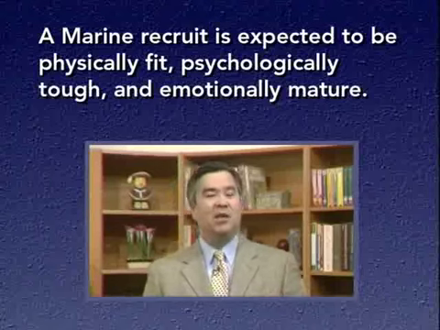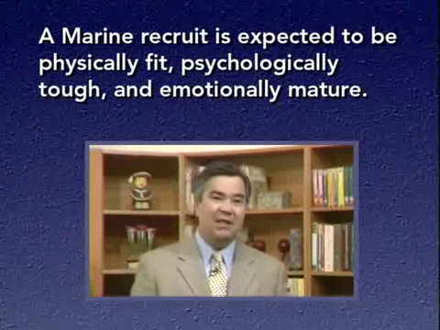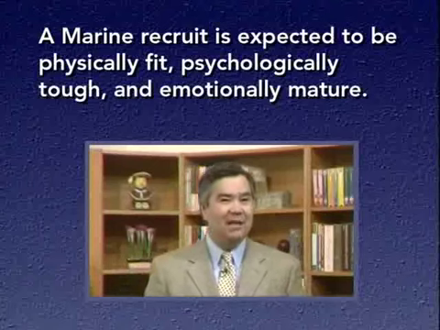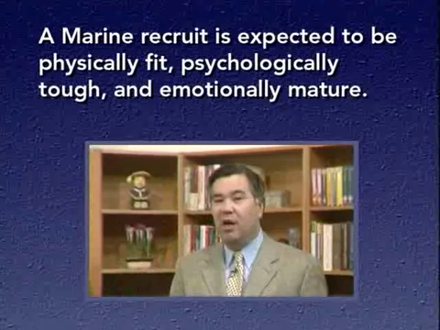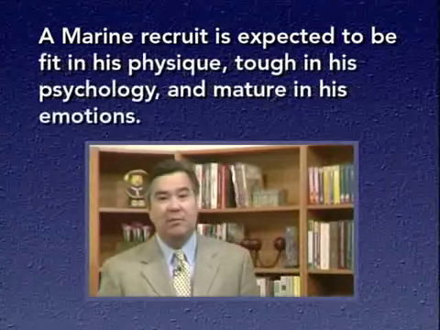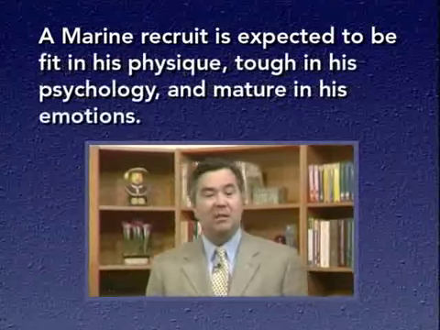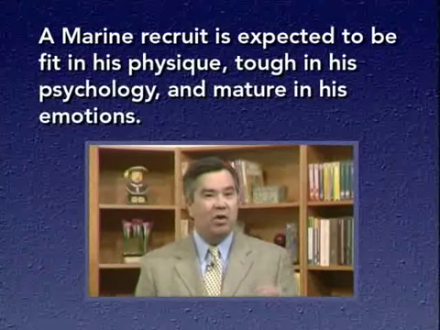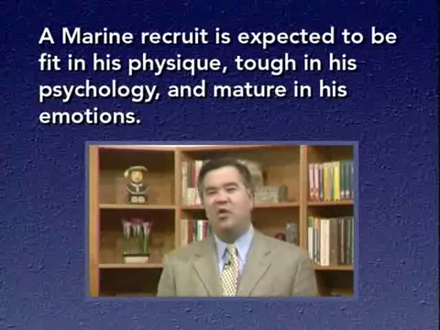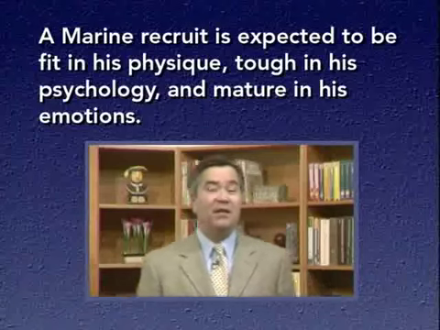But then the sentence would contain longer phrases and would be a little less concise, and therefore wouldn't read quite as well. We could do that, however, if we want. The sentence could then read, a Marine recruit is expected to be fit in his physique, tough in his psychology, and mature in his emotions. I think you can see the sentence is a little less effective that way.